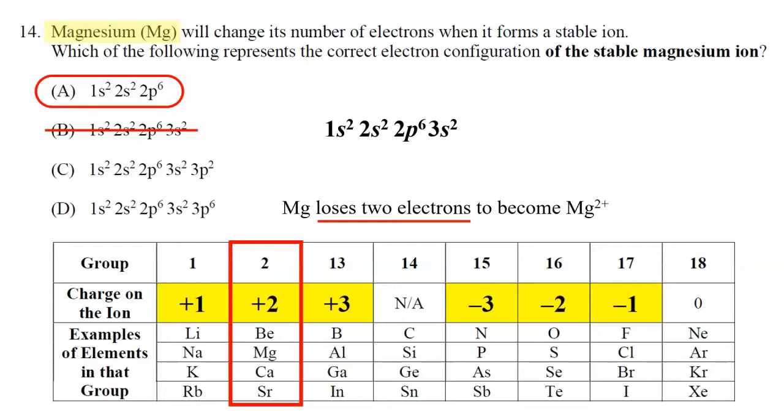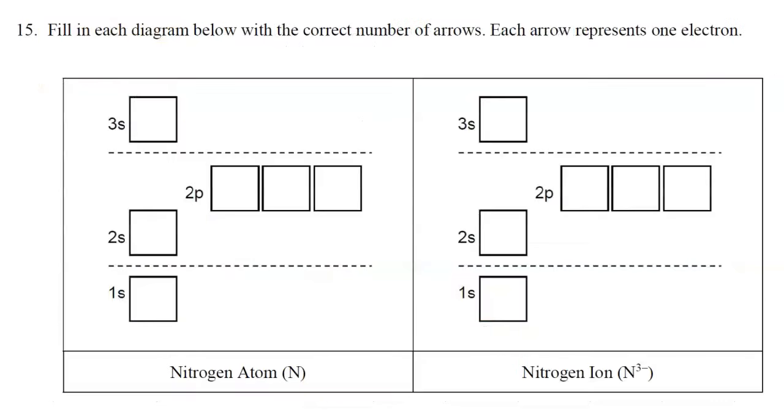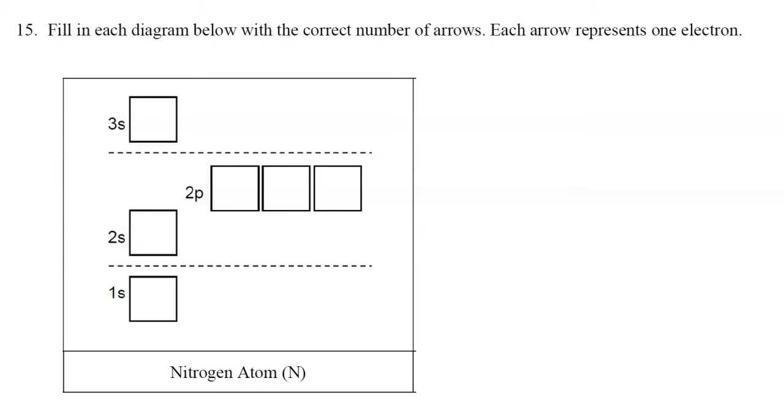Now let's take a look at question 15. In question 15, we are given electron energy diagrams, and the instructions are to fill in each diagram with the correct number of arrows. Each arrow represents 1 electron. So I'm going to start with the electron energy diagram for a nitrogen atom.